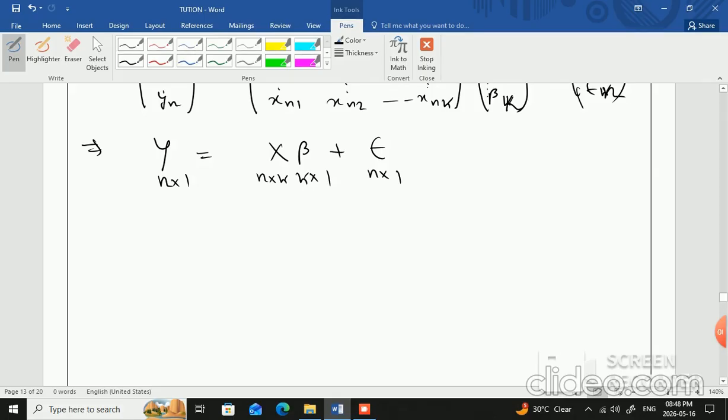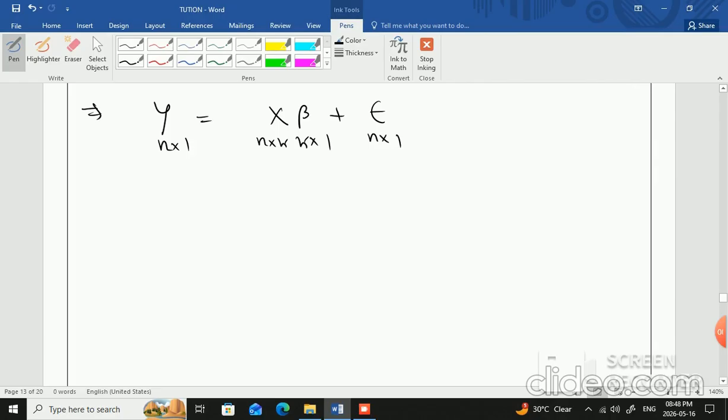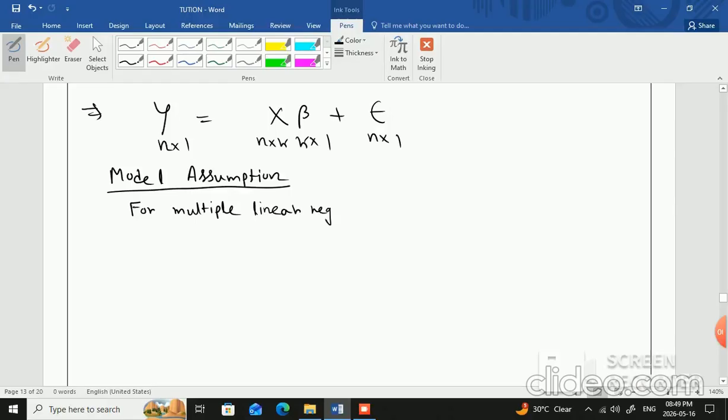Now we discuss the model assumptions of the multiple linear regression model. For the multiple linear regression model, we make some assumptions. We consider the model without intercept.